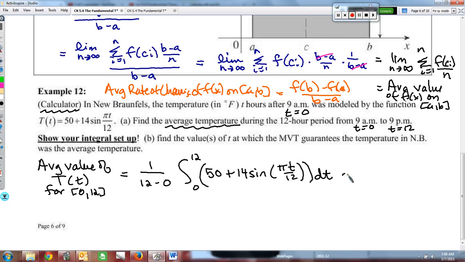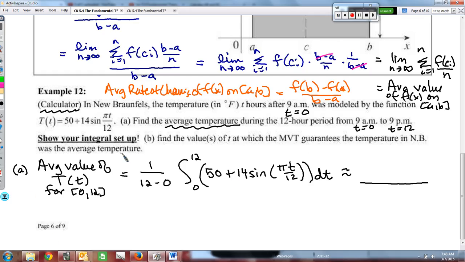And I'm going to type this into my calculator to get the average value of the function. What is the average temperature during the 12-hour period? That's part A. We'll do it on the calculator in a second.